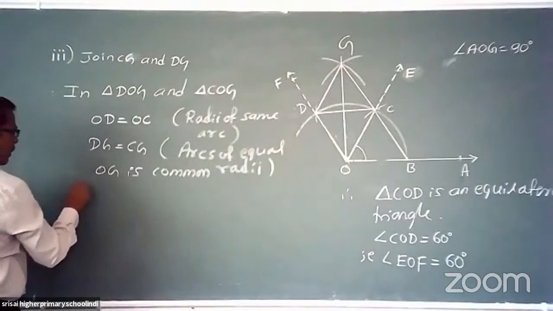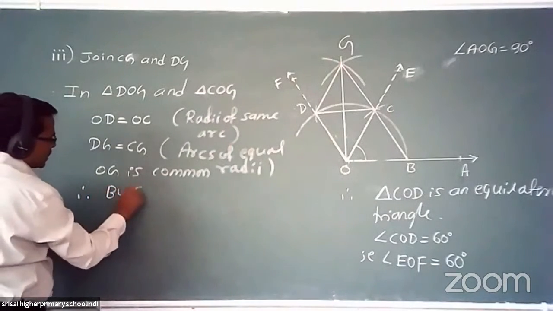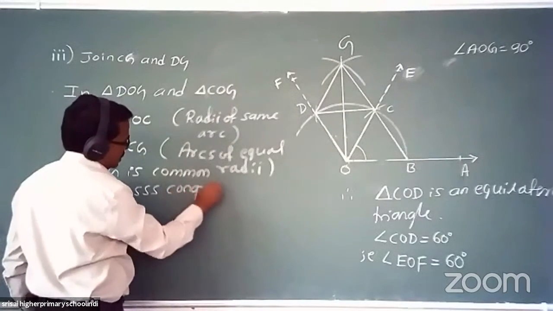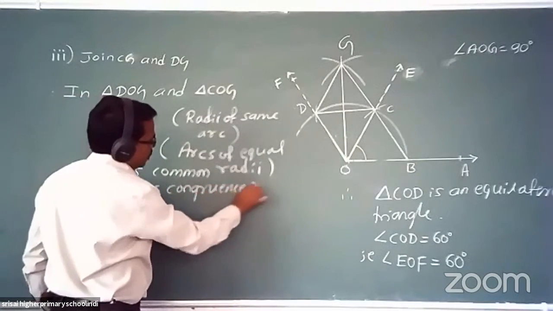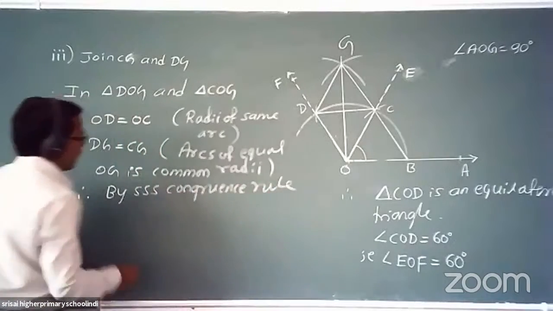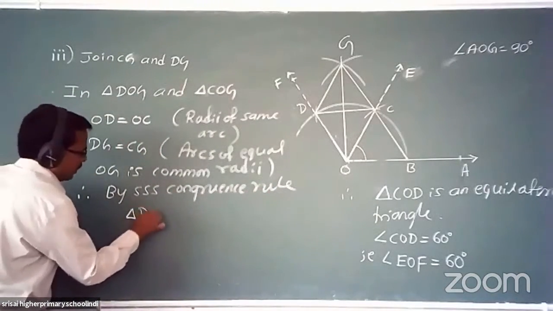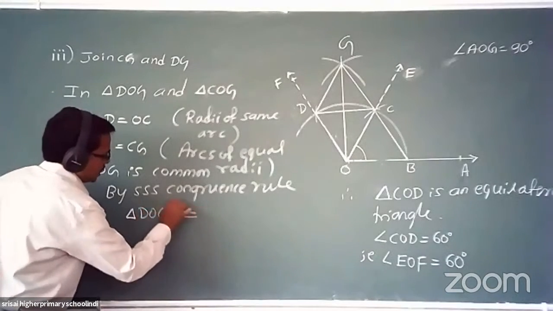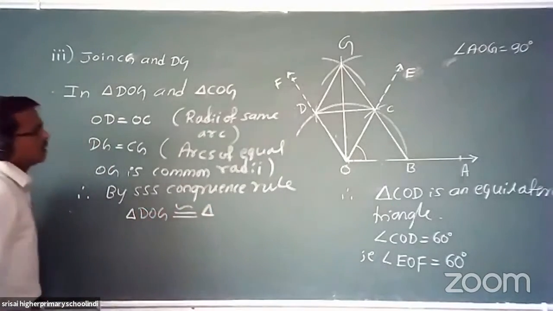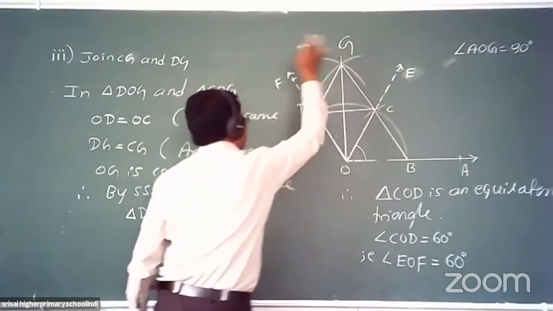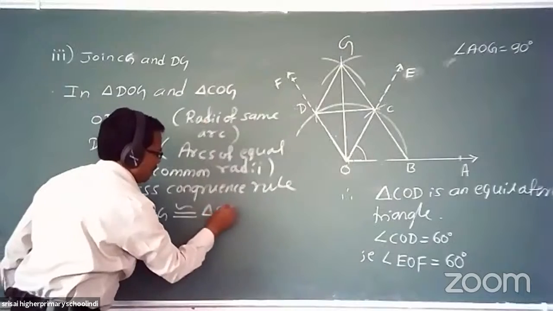Therefore, by SSS congruence rule, triangle DOG is congruent to triangle COG.